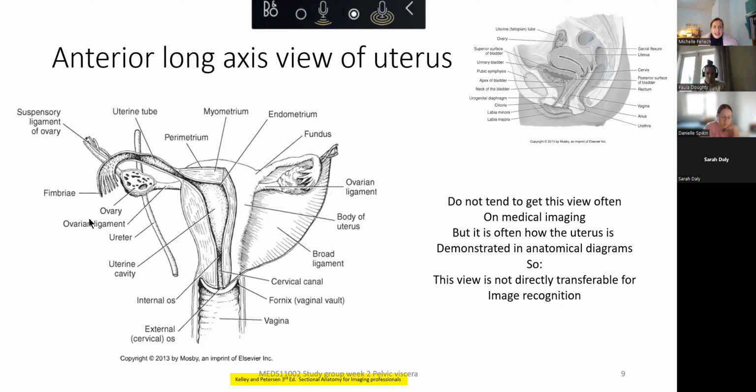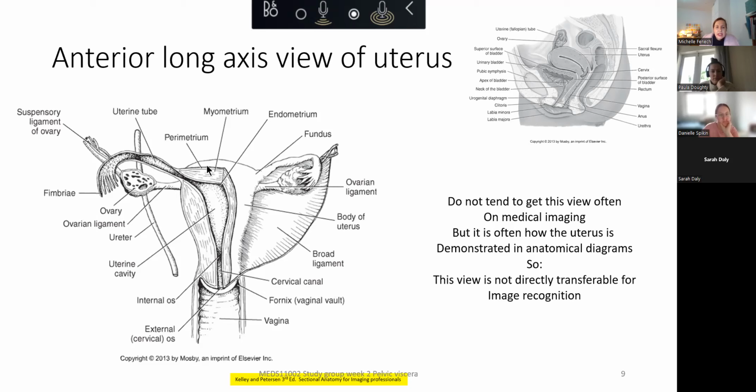In your text, you will have this picture, and I look at that and go, there are too many labels on it for me. It's a bit much, which is where I try to break everything down. They often say the uterus is like a pear. You can see an upside down pear here, with the rounded bottom bit being the fundus.